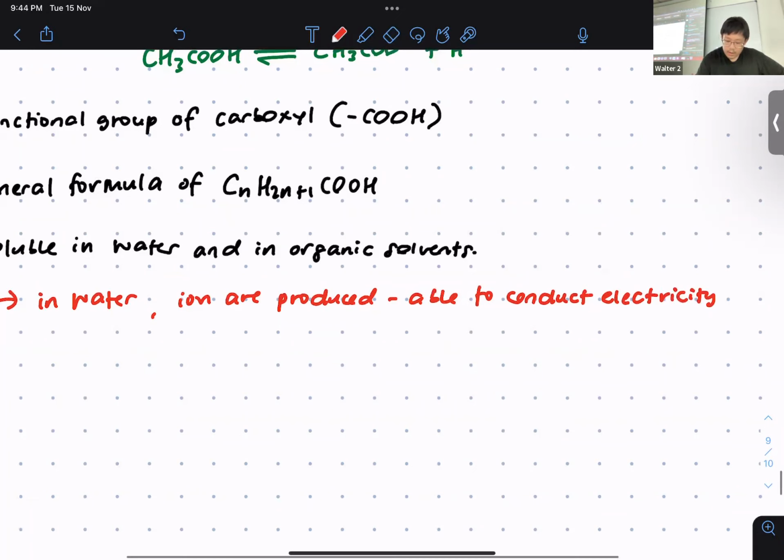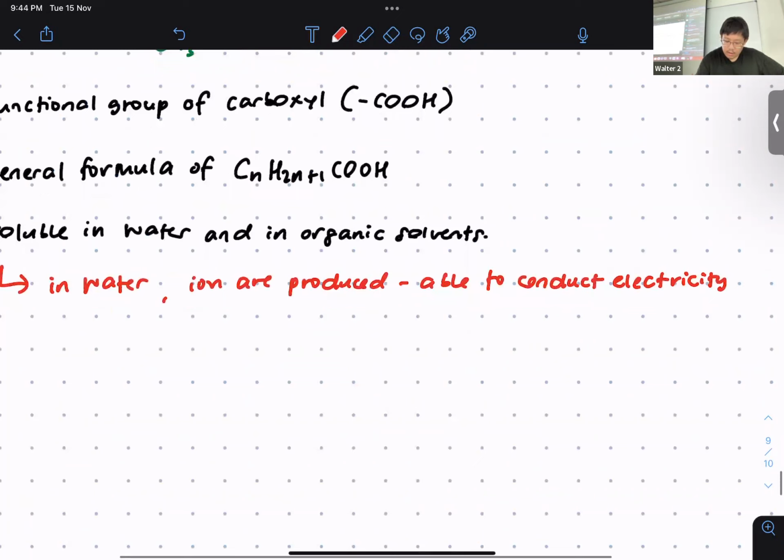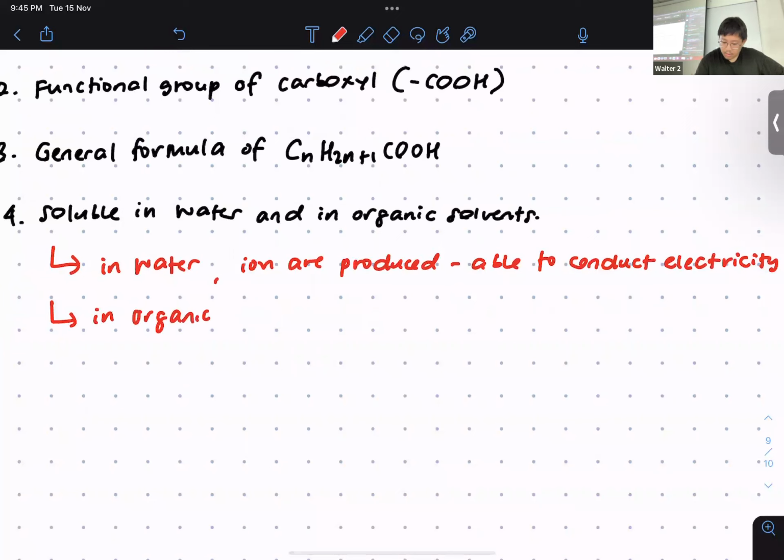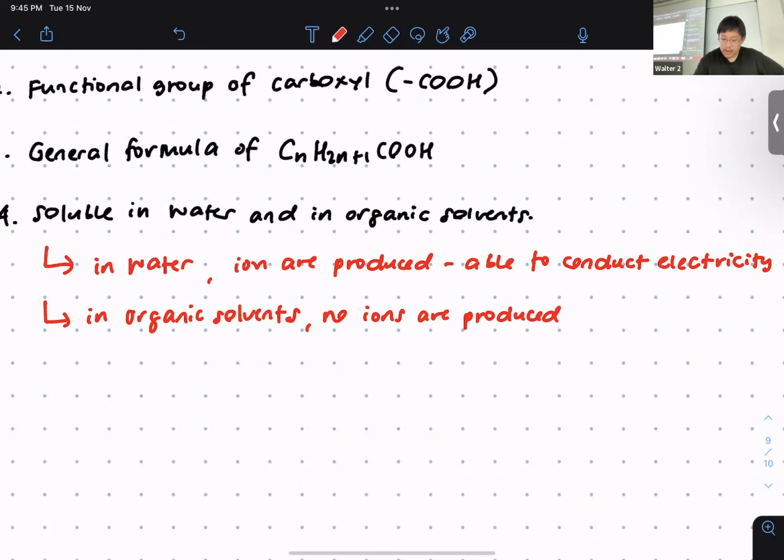In organic solvents, no ions are produced, so they're unable to conduct electricity.